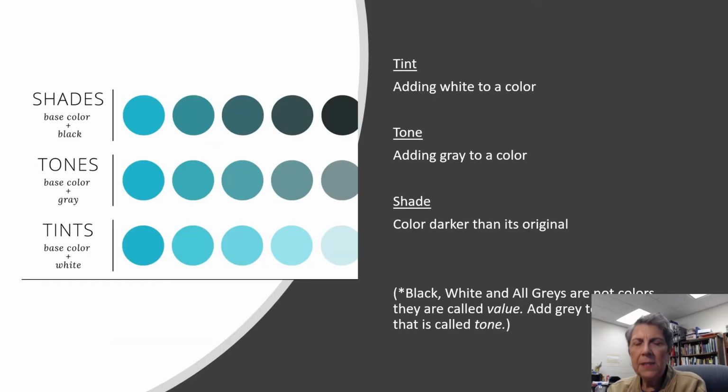Now, these are the words. Shades. What's the shade of that color? Well, you're going to change the saturation, obviously, but you're going to add black. When you add white to a color, that's called a tint. When you add gray to a color, that's called a tone.